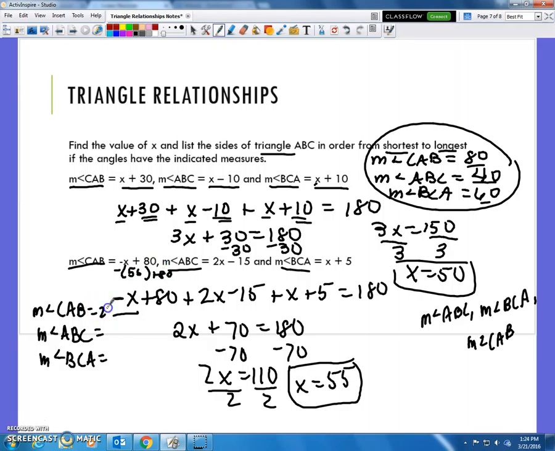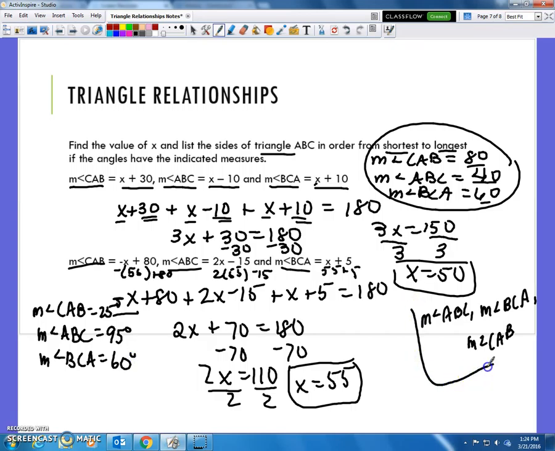So my first one's 25 degrees. My second one, when I put in a 55 here, it tells me 110 minus 15, 95 degrees. And finally, when I put my 55 in here, 55 plus 5 is 60. 60 degrees. Now it's just a matter of putting them in order, and I'm all done.